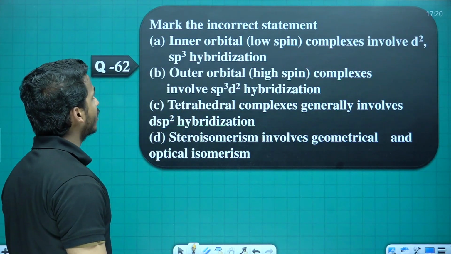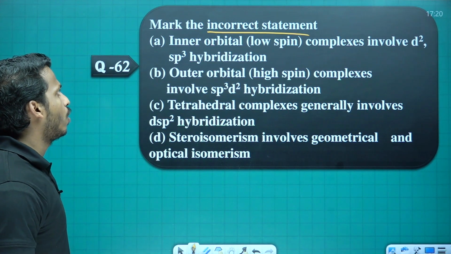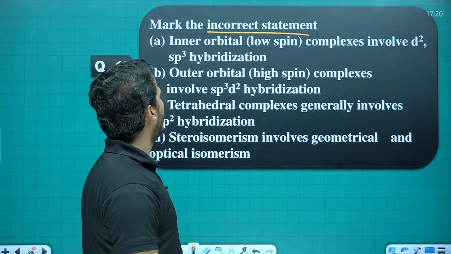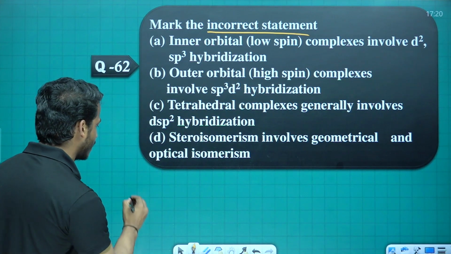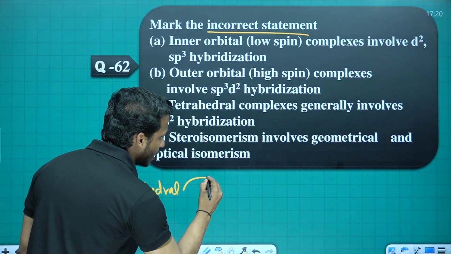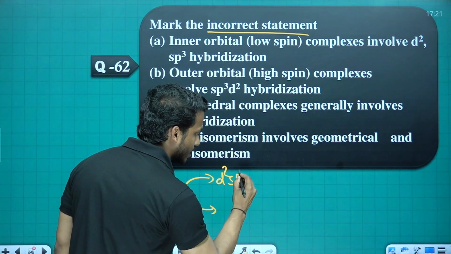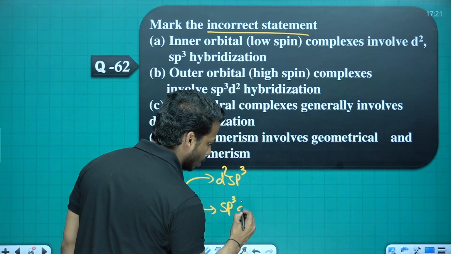Next one, mark the incorrect statement. Inner orbital low spin complexes involve d2sp3. What all cases did we study in octahedral complexes? We studied octahedral complexes can have the hybridization d2sp3 or sp3d2.